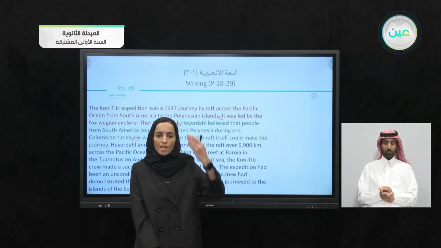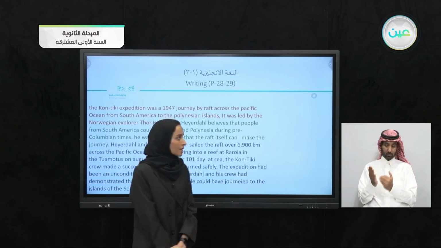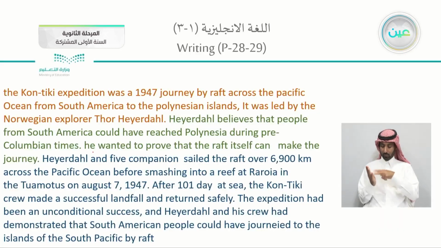Let's now do the editing part and we will reread the paragraph, and this time you are supposed to spot the mistakes. What are the things that are wrong in this paragraph? At the beginning, the Kon-Tiki expedition was a 1947 journey by raft across the Pacific Ocean.